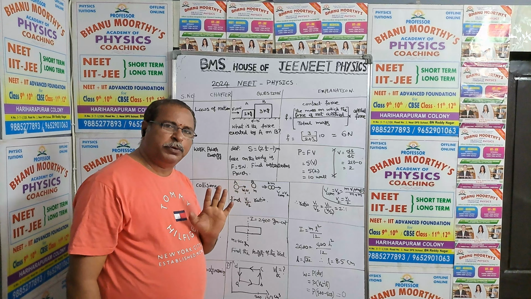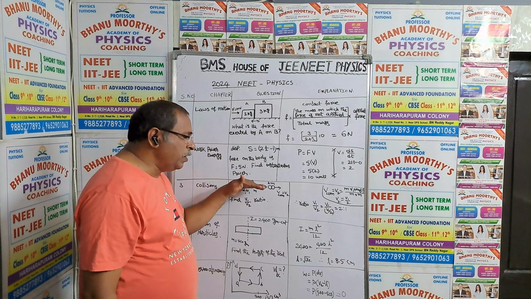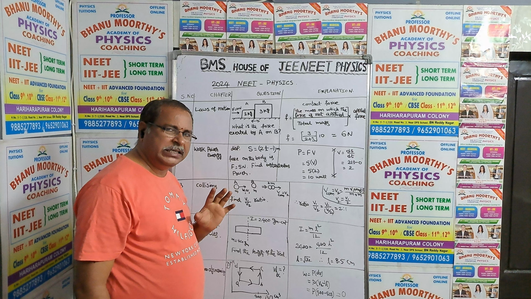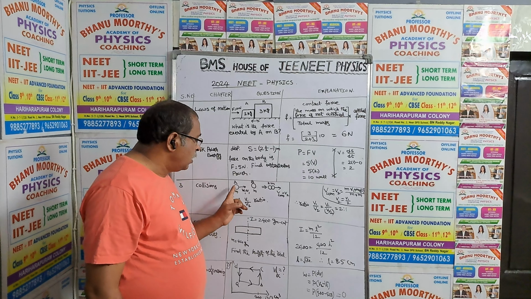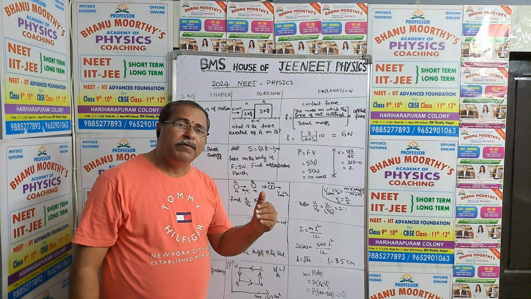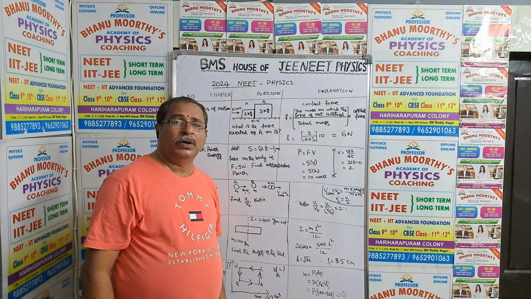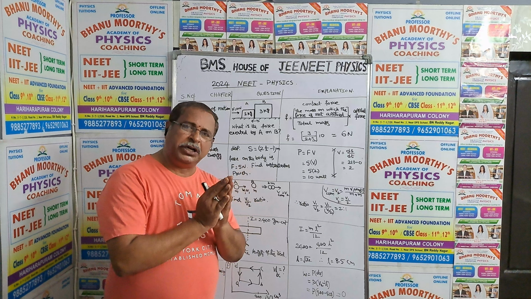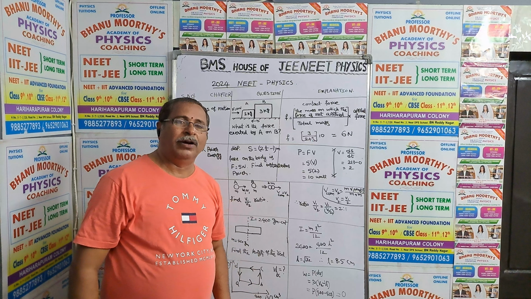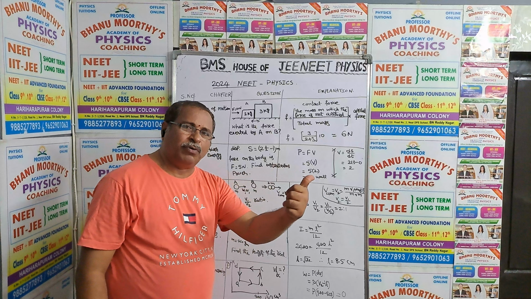The second ball is at rest, so its velocity is 0. The first ball is moving with some velocity V1, given in the question. After collision, everybody knows that they stick together and move with a common velocity. So, we have to find the common velocity after collision.